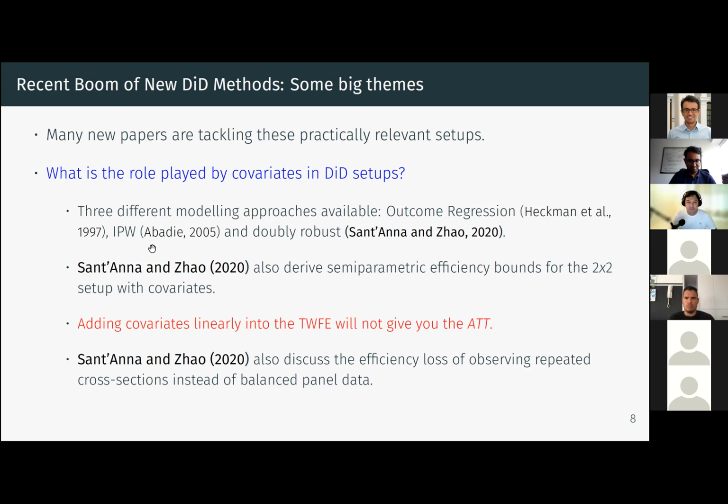So what June and I did in this paper is, instead of choosing between the two, let's combine the two, right? Instead of choosing between outcome regression and IPW, let's merge them, but in a guided way such that as long as one of these two procedures, IPW or outcome regression, is okay, the result here is going to be okay as well.